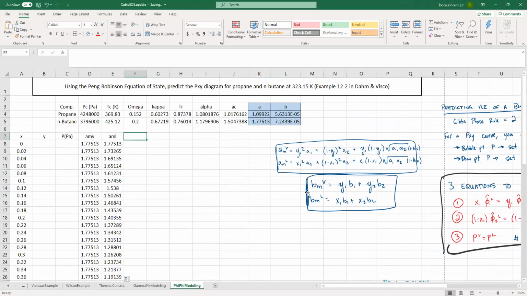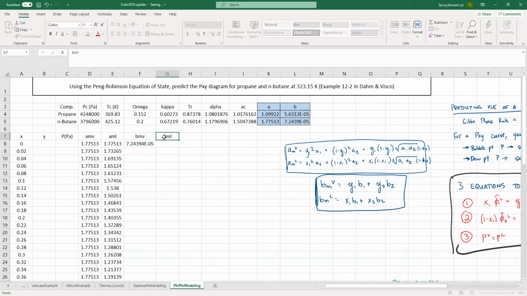Now, B of mixing for the vapor phase is going to be similar to A of mixing for the vapor phase, where I can't actually calculate what it is yet. Y1 times B1 plus Y2, 1 minus Y1, times B2.